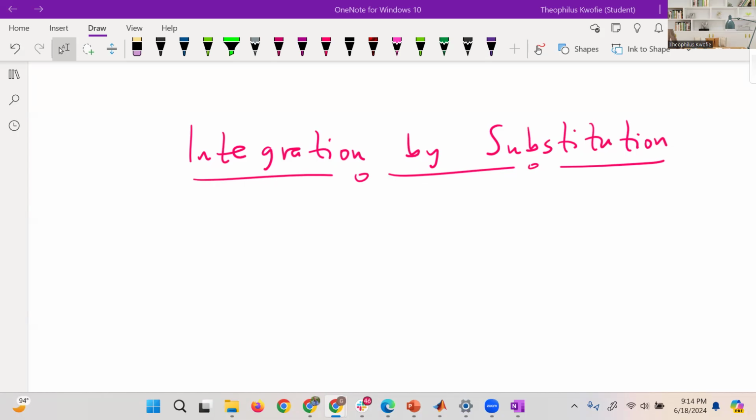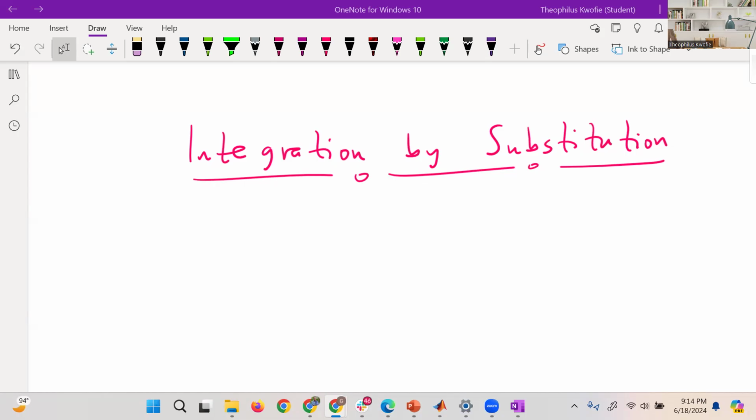But how do we handle such situations? When dealing with composite functions, of which we spoke about in the previous episodes, we mentioned that one function is nested inside another.